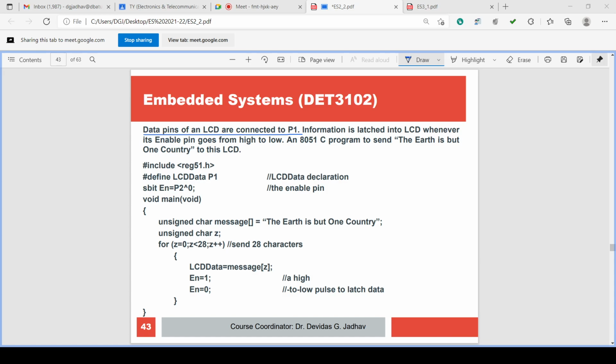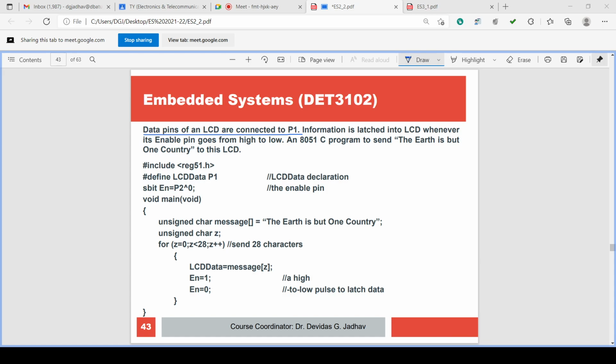So if you want to display EXTC space IOPE, how many characters will be there? EXTC is 4 characters, space is the 5th character, and IOPE is 4 characters. Total 9 characters will be there, along with one space. So space is also important. It is a character.